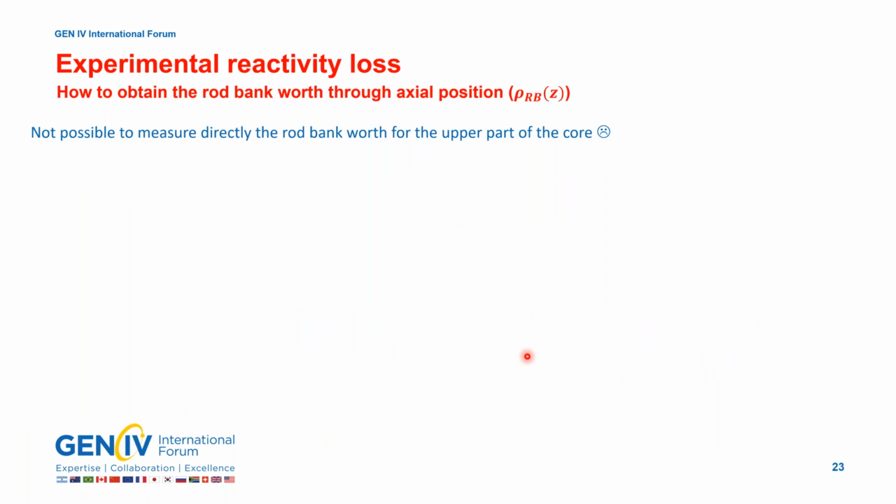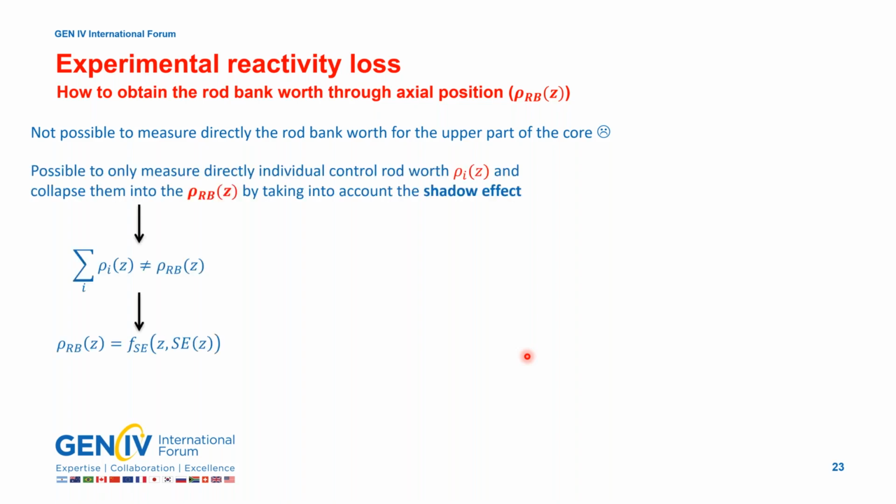So now we need to determine the rod bank worth through axial position. Unfortunately, again, it's not possible to directly measure the rod bank worth in the upper part of the core, but we can measure the individual control rod worth of each control rod, and then transform all of these individual control rod worths to the rod bank worth.